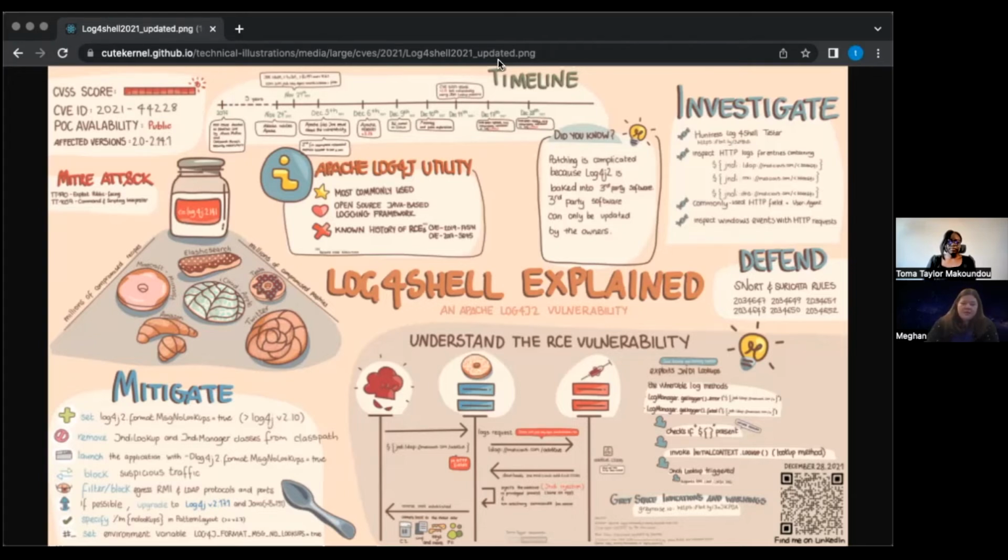I'd love to see you dive into a bit the components investigate, defend, and mitigate. I really appreciated that you had those, and how you determined that this would be the organization for explaining CVE-2021-44228.